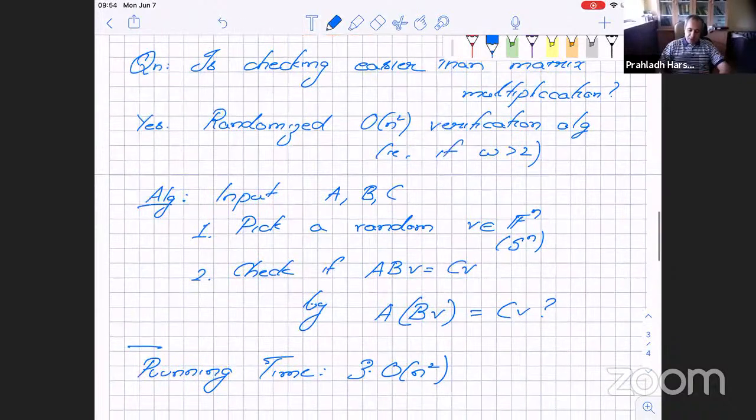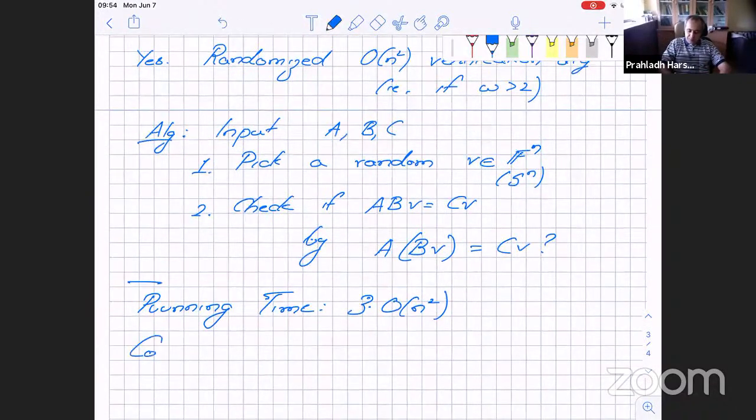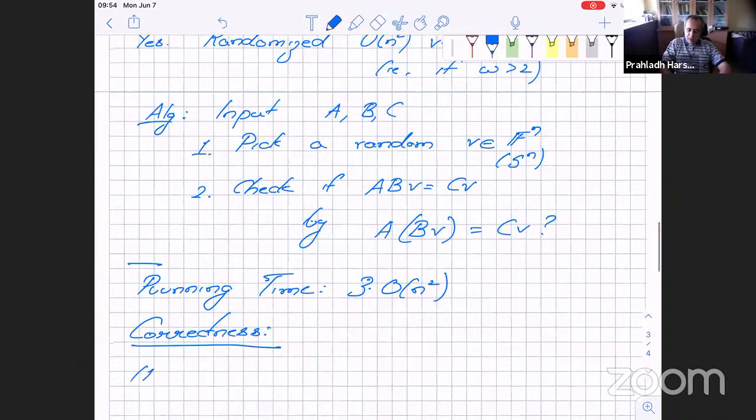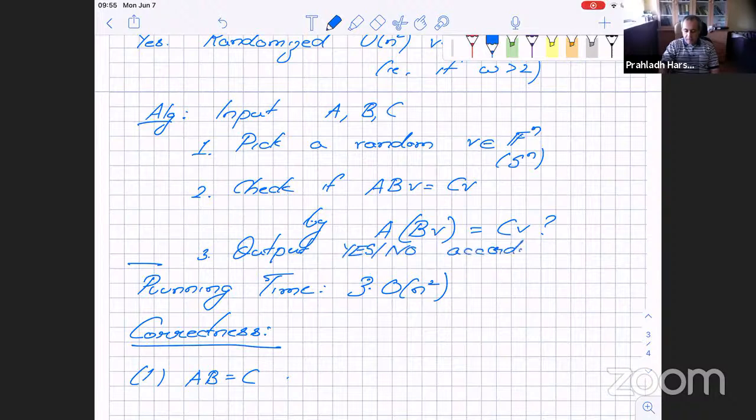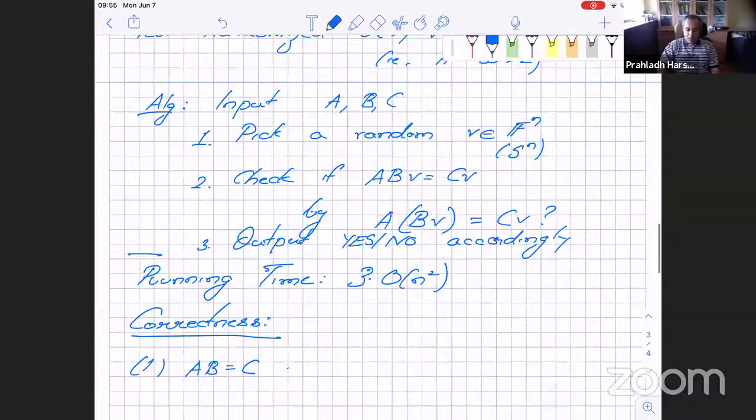Now let us check the correctness of this algorithm. If AB equals C, then the algorithm checks this and outputs yes.